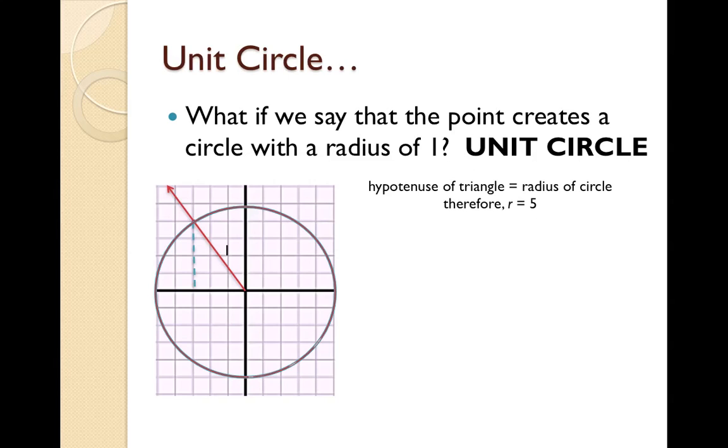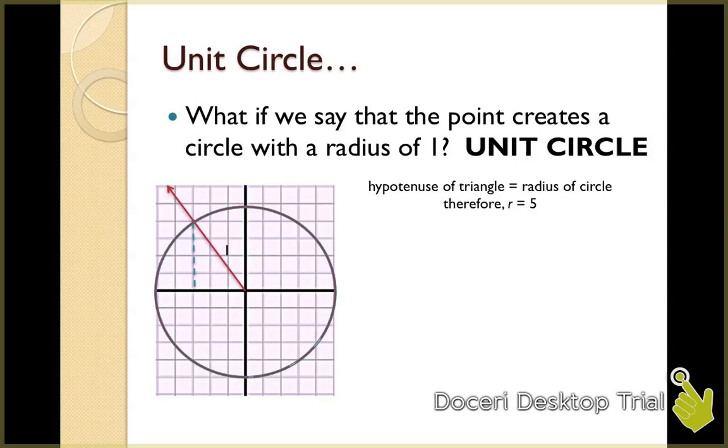Now, what if we say that the point creates a circle with a radius of 1? So before we had a radius of 5, right? But now we're saying, no, we don't want 5. We want a radius of 1.